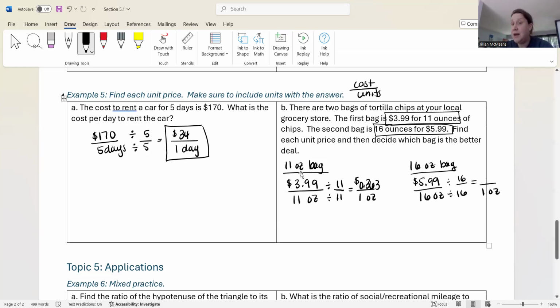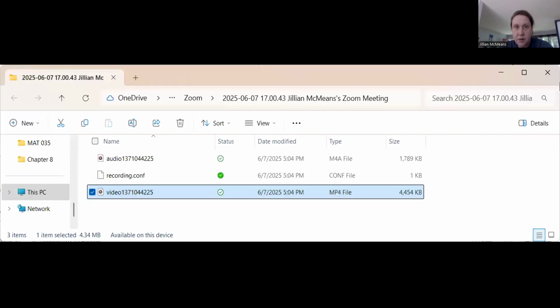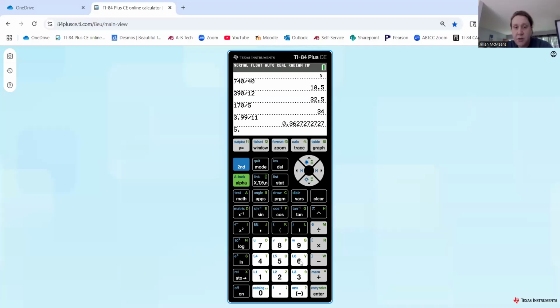We need to do 5.99 divided by 16. Whoops, no, I didn't mean to do that. Sorry about that. All right, so we need to do $5.99 divided by 16 for 16 ounces, and we get 0.3743, so I'm going to round this to 0.374.